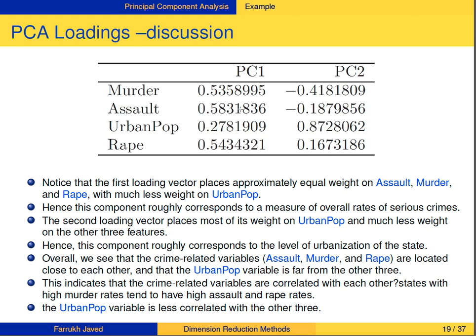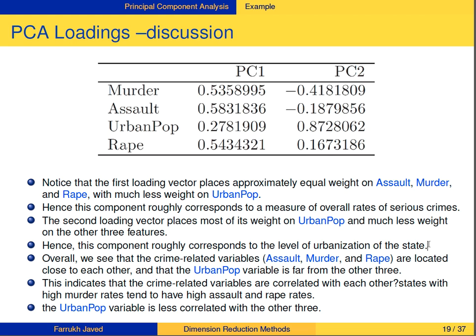But if you look at PC2, 0.41, 0.18 and 0.16 are the weights for crimes, and 0.87, the highest weight, was assigned to urban population. So I can say that the second loading vector places most of its weight on urban population and much less weight on the other three features. Hence, this component roughly corresponds to the level of urbanization of the state.